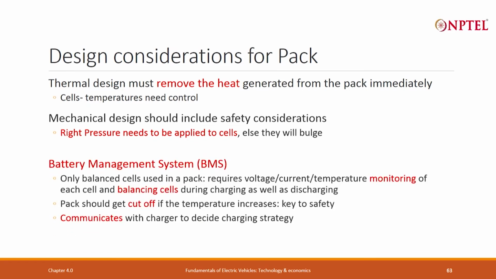And in the battery BMS, only balanced cells are used in a pack. So, when you select cells, you use balanced cells, and after that you monitor the voltage, current, temperature for each cell, and then carry out the balancing during charging as well as discharging.